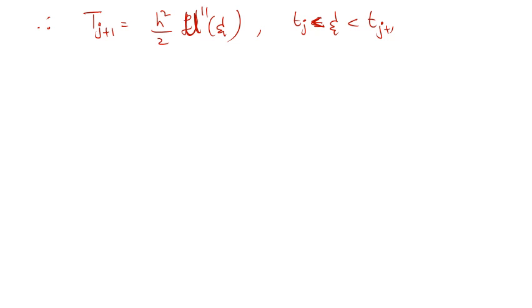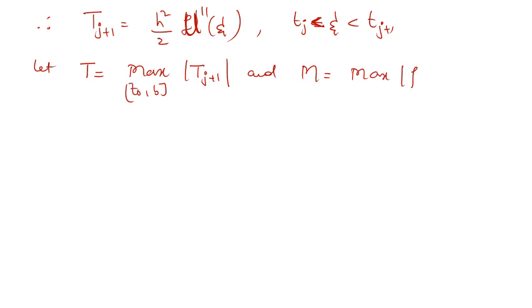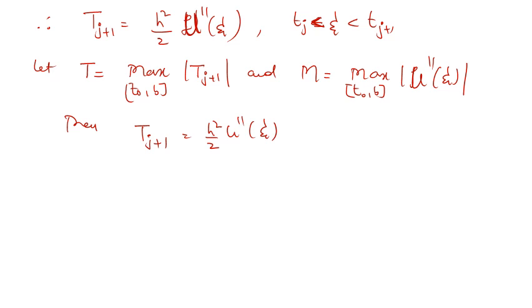If we let capital T be the maximum of the truncation error over our interval t naught, b, and capital M be the maximum of u double dash xi over t naught, b, then T j plus 1 equals h square by factorial 2 u double dash xi, which is less than or equal to h square by 2 of M.